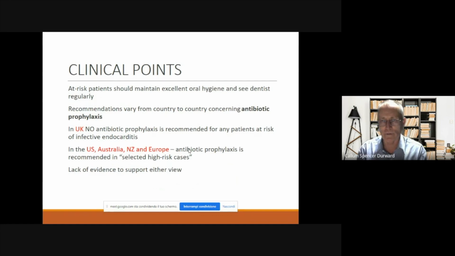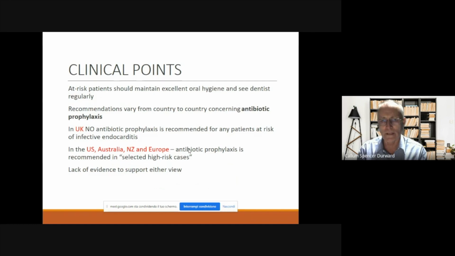Recommendations vary from country to country concerning whether they should have antibiotic prophylaxis prior to dental treatment. In the UK, no antibiotic prophylaxis is recommended for any patients at risk of endocarditis.